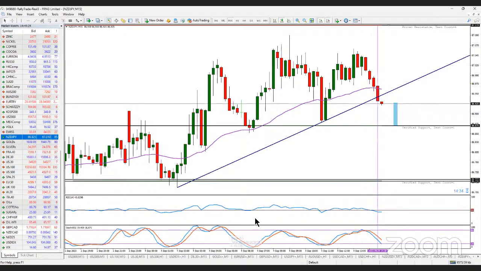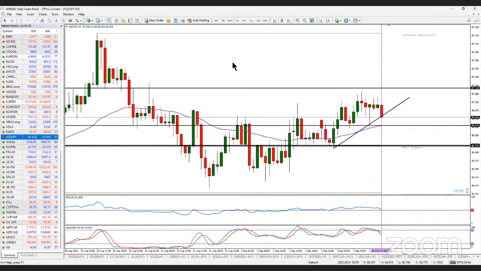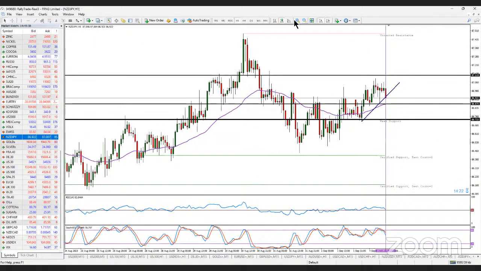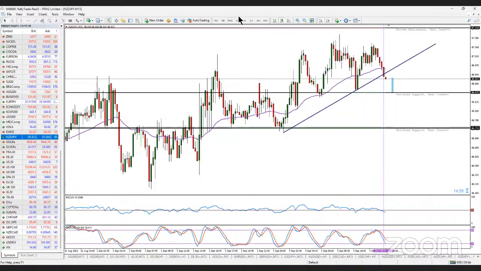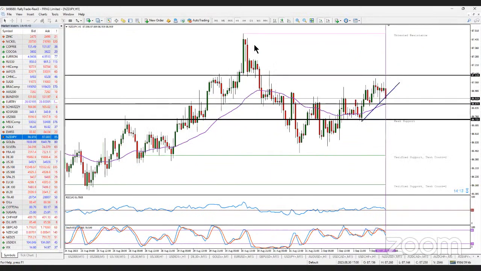RSI is below 50. This one has crossed downwards. So it's looking likely to get to this verified support before there's any likelihood of a buy, right? Okay. 4 hours time frame too is still above 50.